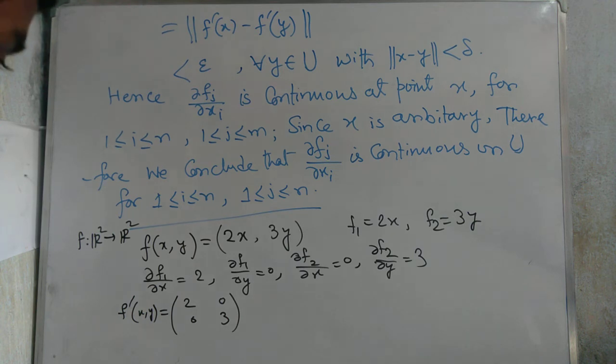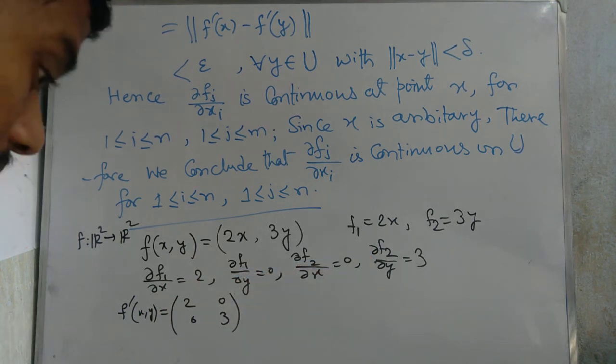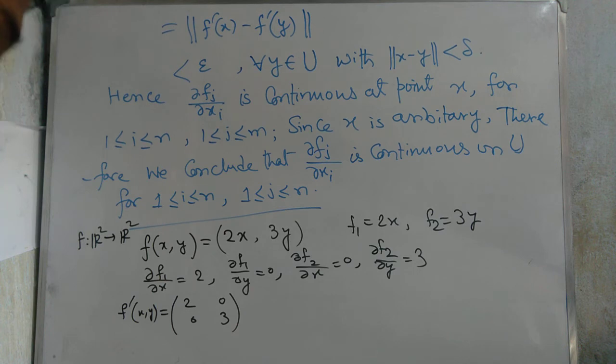Here we see that these are also continuous. That means ∂f1/∂x, ∂f2/∂x, ∂f1/∂y, and ∂f2/∂y are also continuous. Why continuous? Because f is continuously differentiable.